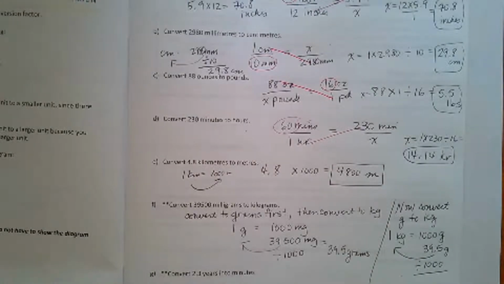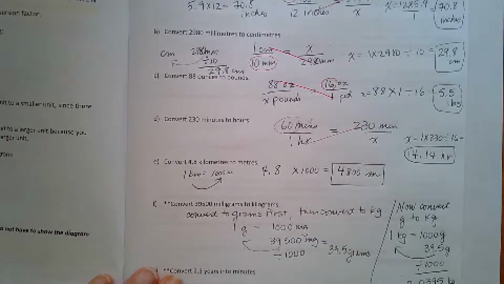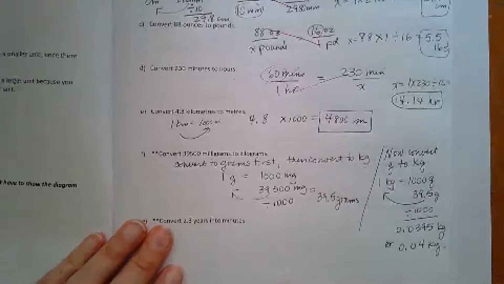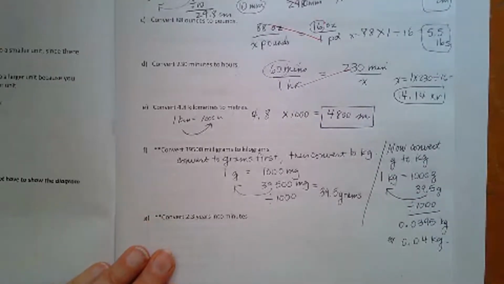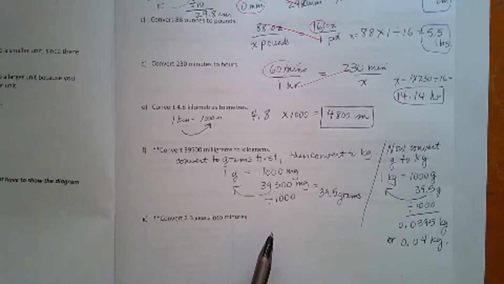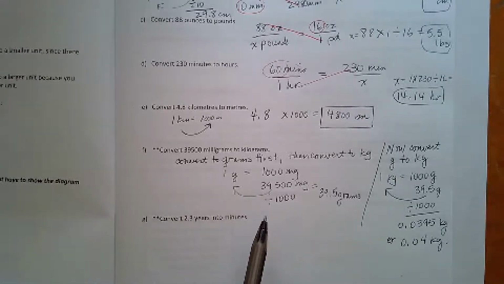And I get 39.5 divided by 1,000, and I get an answer of 0.395 kilograms. Or if I was rounding to 2 decimals, 0.4 kilograms. And I'd probably have to do that 2-step process if I was doing the cross multiply again, because I wasn't given a straight conversion from milligrams to kilograms. Although you could probably Google that.